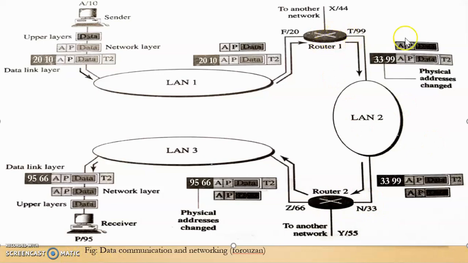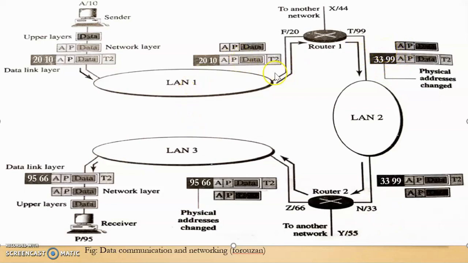So router 1 will create a new frame with source MAC address as 99 and destination MAC address as 33. So source MAC address is 99 and destination MAC address is of router 2, that is 33. So we can see here that the source and the destination MAC address is changed.